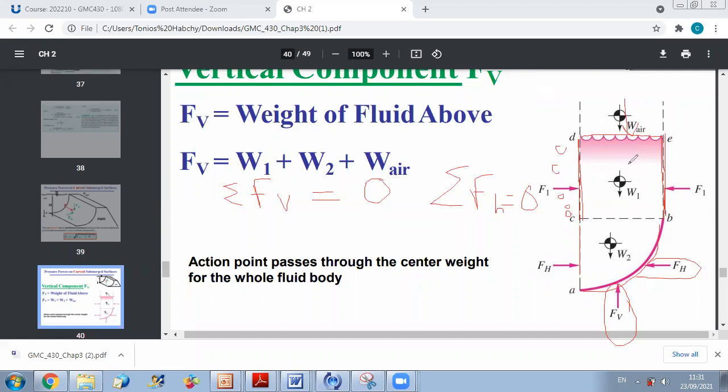In all cases, these two forces will cancel out due to symmetrical effect. You know why? Because if you consider pressures from this level of water, they will be equal to pressures from this side, because you are at the same horizontal level. You are at the same horizontal level in a static fluid.